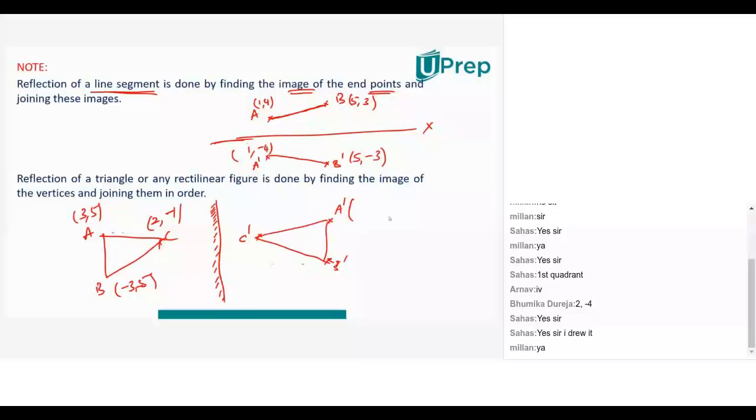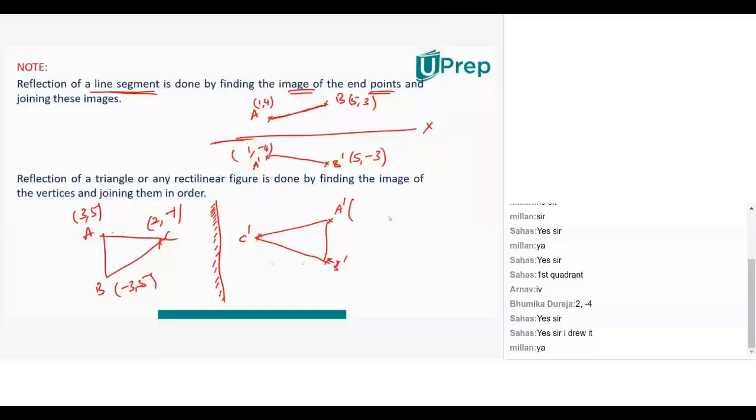Each point, one of you each. With respect to y-axis, we'll start with Alethea. What will be A dash coordinates? 3, 5. 3, 5 is A. What will be the image in y-axis? I didn't understand the question, so can you elaborate? Nice. A is 3, 5.